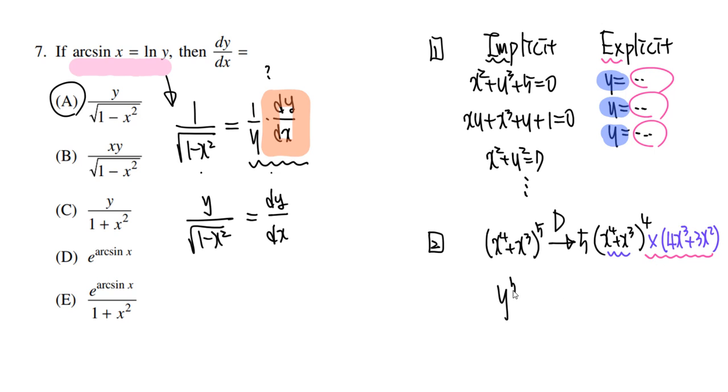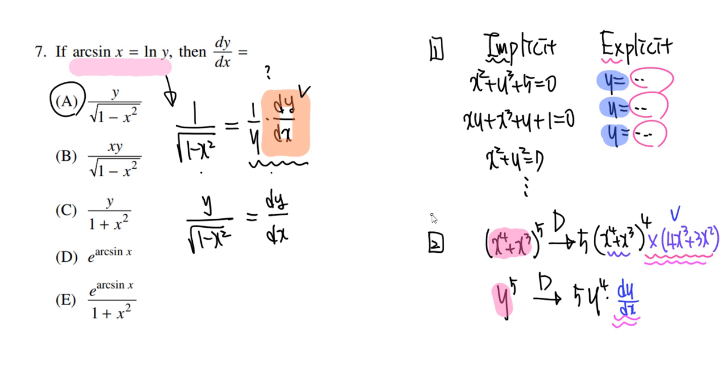So y to the power of 5 is something like x to the 4, and x to the 3. If you differentiate this one like this, then this is not the end. You have to do something more, right? Differentiate the y. These two are almost the same thing. So when we differentiate y, we have to attach this, multiply by dy/dx.